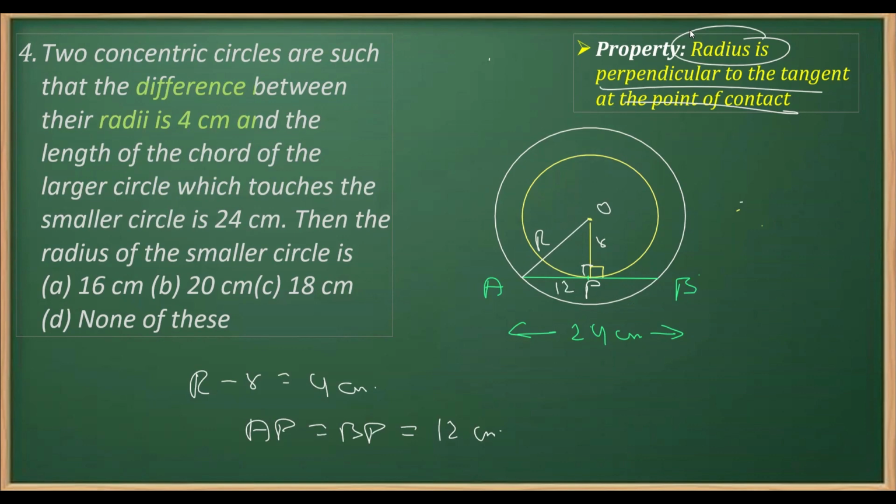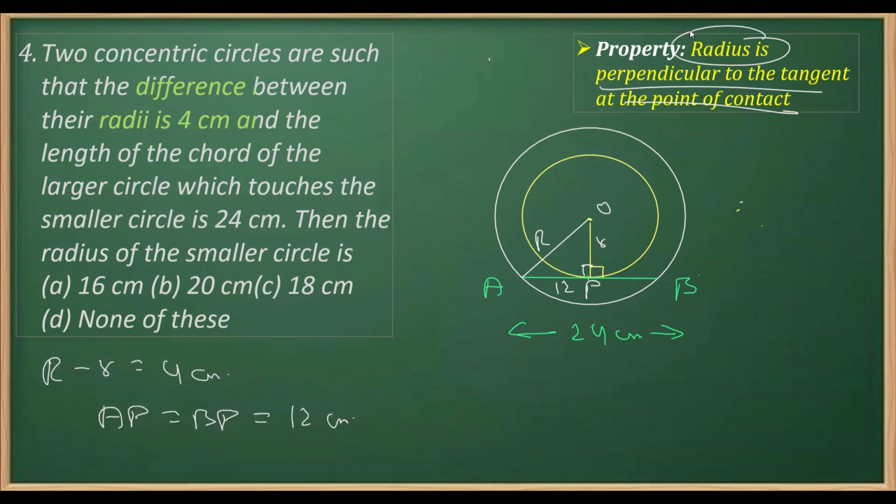Now what we have to determine is the radius of the smaller circle. For that, I'm going to apply the Pythagoras theorem here. That's a very important question, it seems to be. Let's keep these things aside. More space is needed. First, I'm going to apply the Pythagoras relation, which is the square of the hypotenuse.